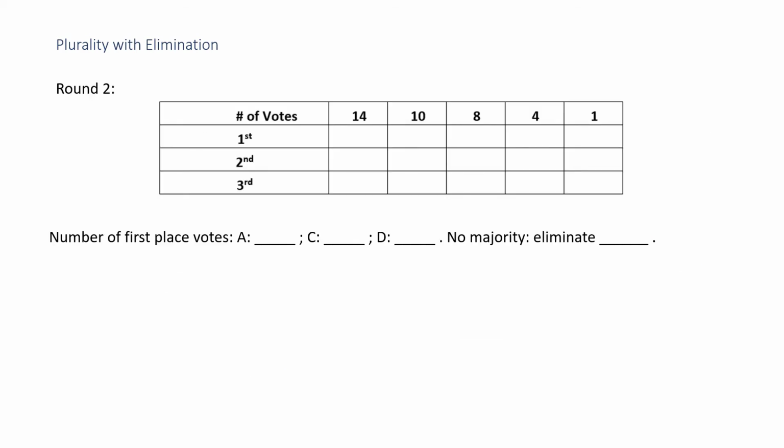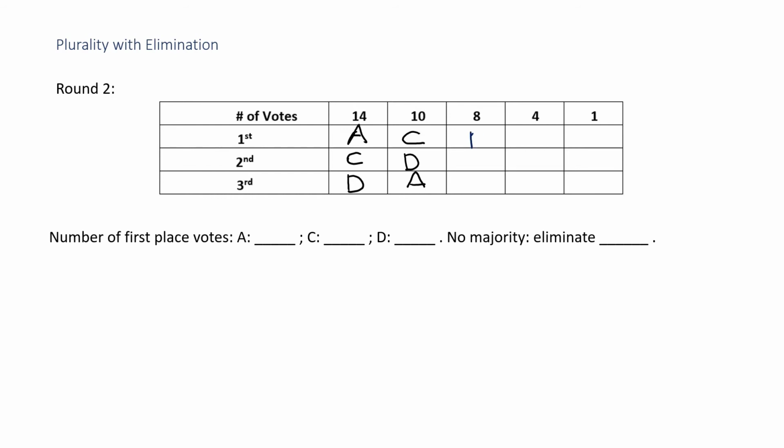Round 2. With the B's gone, now what's left is going to be A, and then we move up. So you've got C, D. Next we'll have C. B is gone, so move up the D and A. We're looking at the one with 8 of them.